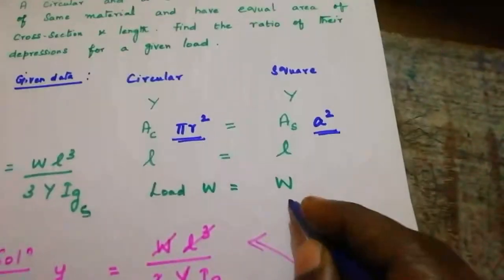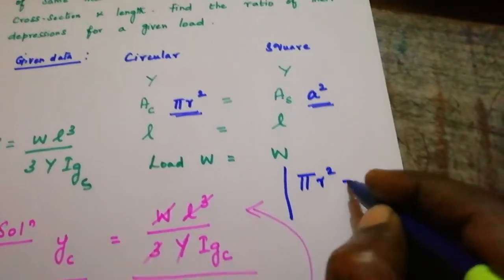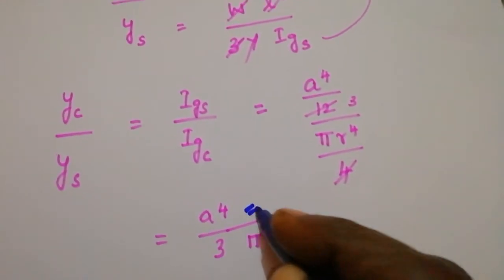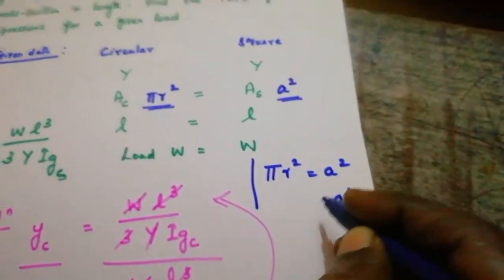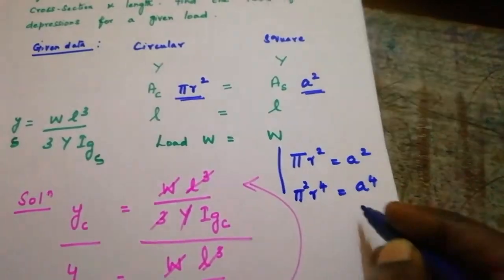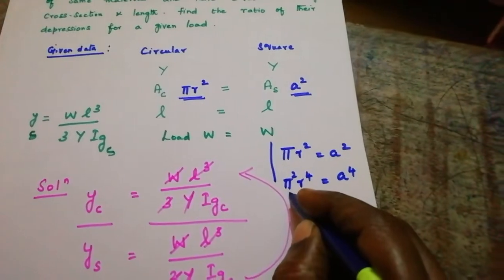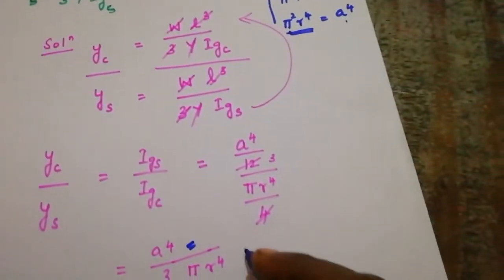Then what is? Pi r square is equal to a square. I have a power 4 here. Therefore, a power 4 is equal to, squaring it, I'll get pi square r power 4. So I'm going to write a power 4 as pi square r power 4.